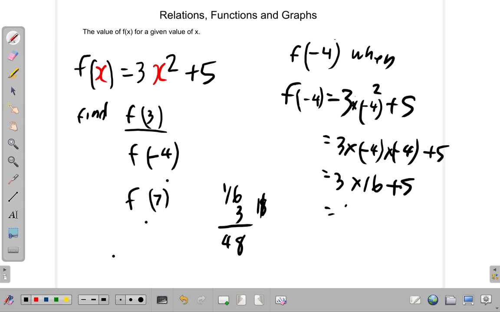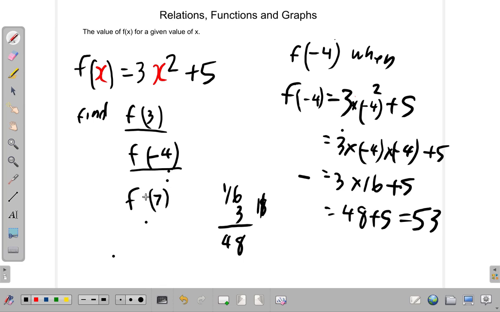It is 48. So it has 48 plus 5. What is 48 plus 5? 48 plus 2 is 50, and then 3 more gives you 53. So the answer for this part is 53.